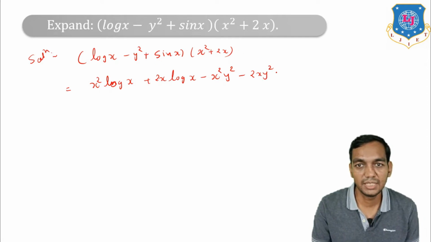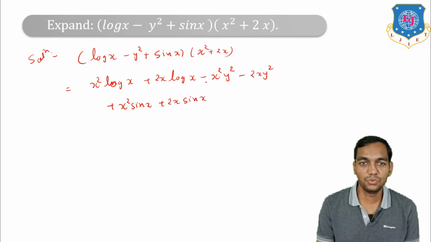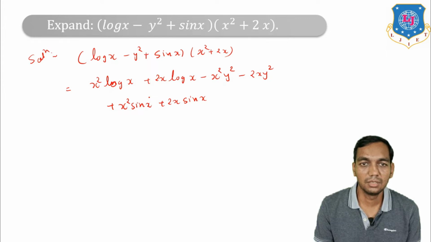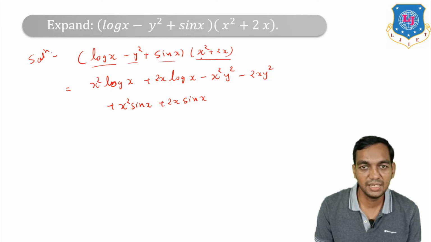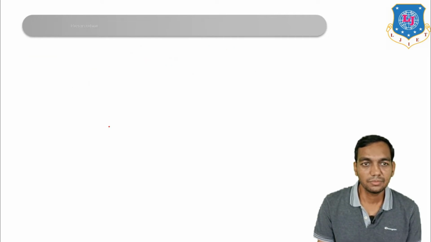Now x square into sin x will be plus x square sin x and then 2x into sin x. See, if you are not able to multiply it directly, then what you have to do is log x into bracket, then minus y square into this bracket, then plus sin x into this bracket, and then simplify it. Okay. So this is a simple expansion.